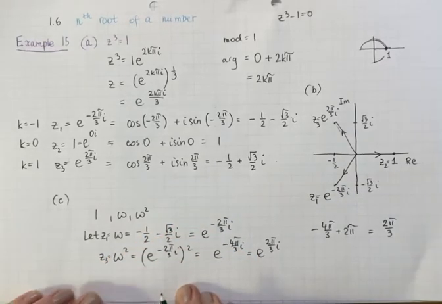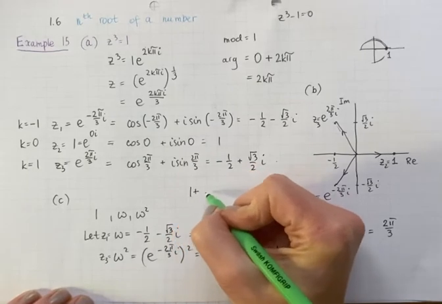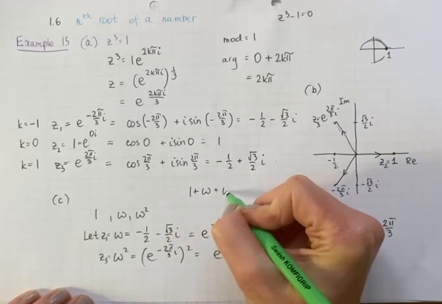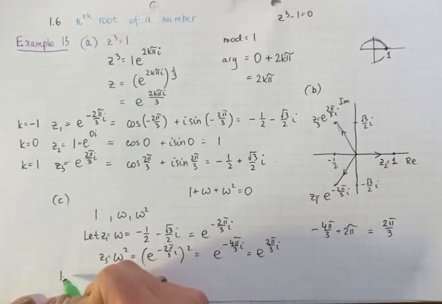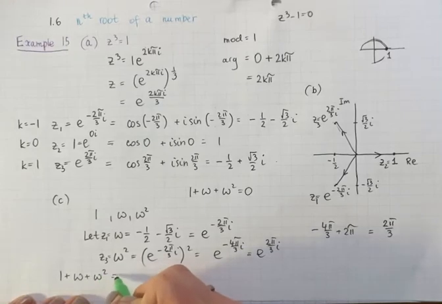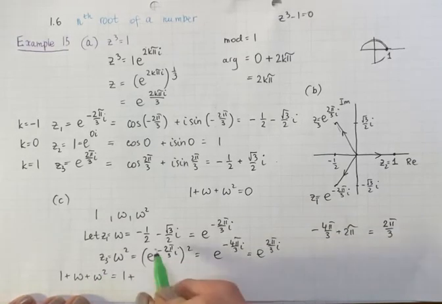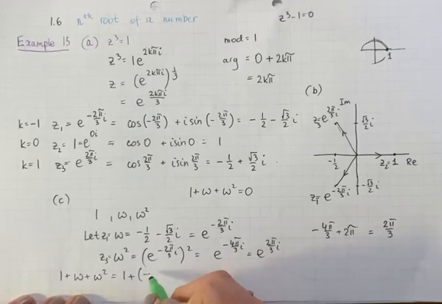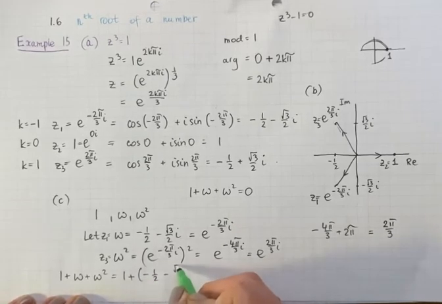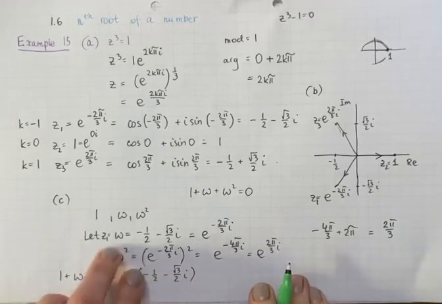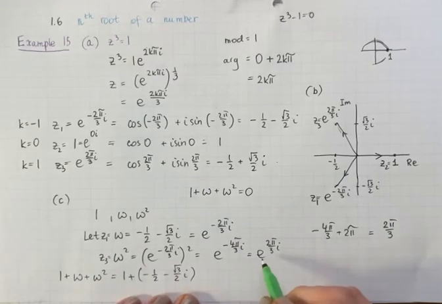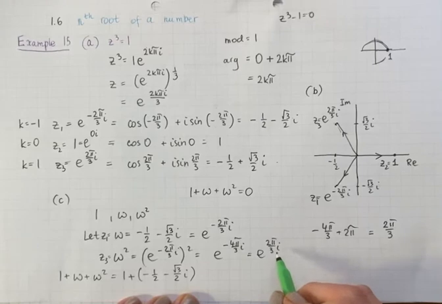And then we've got to check that the following is true: 1 plus omega plus omega squared is equal to 0. We've got to show this. So we're just going to substitute our complex numbers. So it's going to be 1. Let's use the minus a half minus root 3 over 2 i for our omega. Now omega squared is e to the power of 2π/3 i.